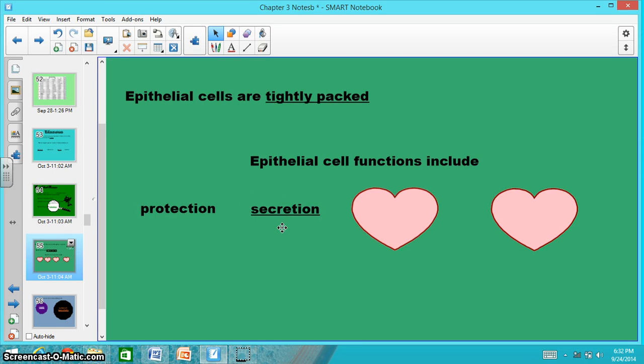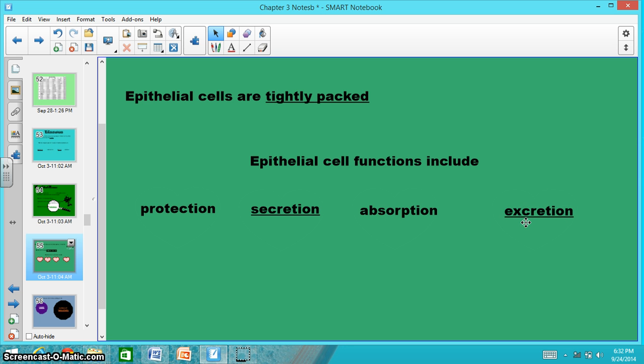They also secrete substances. One of the things that they compose is glands, so they can secrete mucus and sweat. They also absorb different substances and help to excrete different waste, like sweat, for instance.